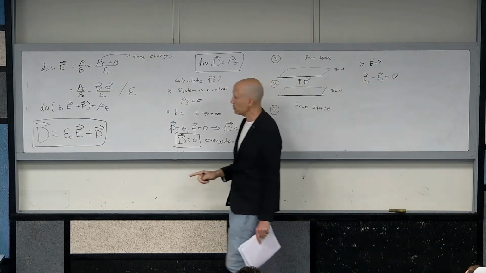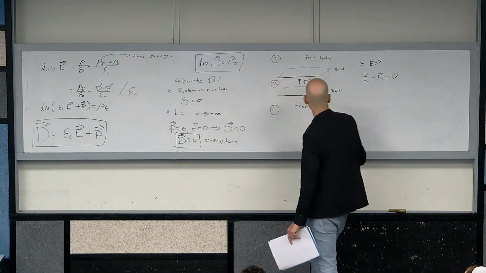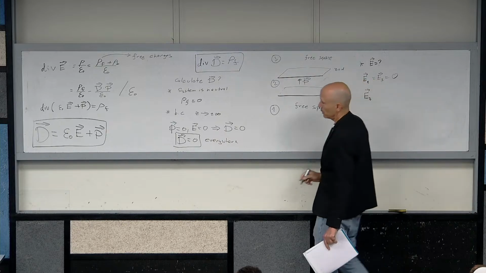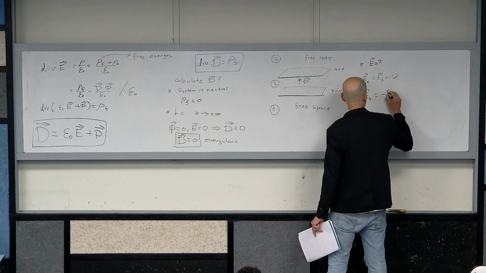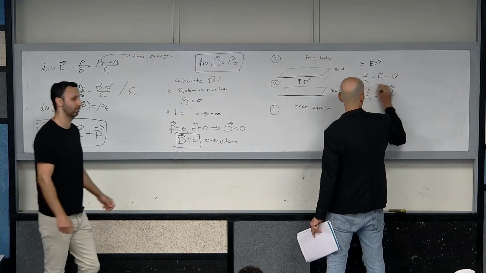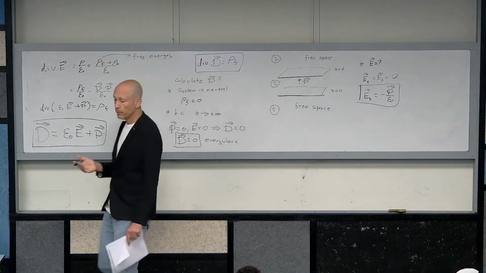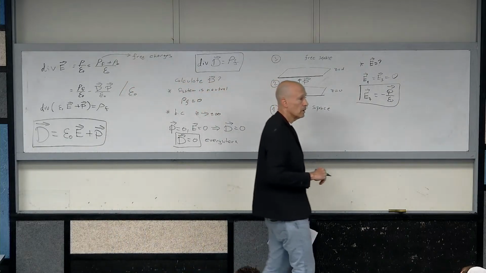Again, because in these regions D is always 0, P is 0 up there. And then we have E at region 2, just from the polarization, it's minus P divided by epsilon 0, which means that the polarization field and the electric field are proportional, but with opposite sign.